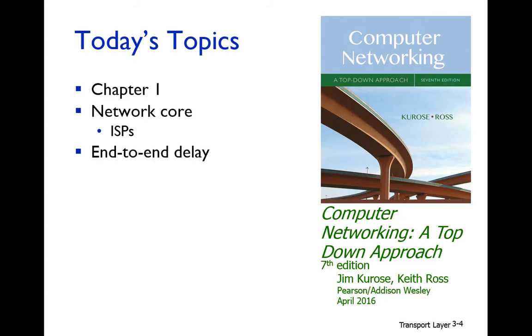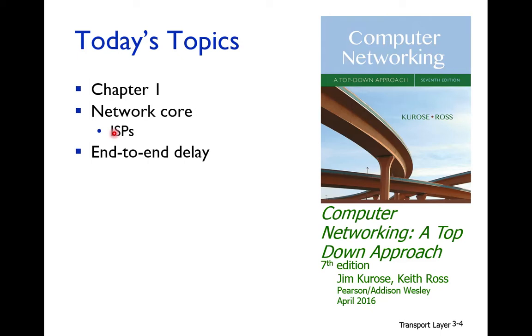So in today's class we are going to continue chapter number 1, and we are continuing the network core, but now we are discussing the network core from another perspective, that is the internet service provider, that is, the provider perspective.